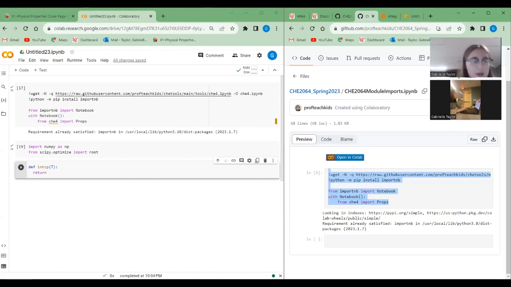Okay, so after we have our integral of the CP, now let's calculate what it's going to be for the enthalpy. We're going to define a function for enthalpy.